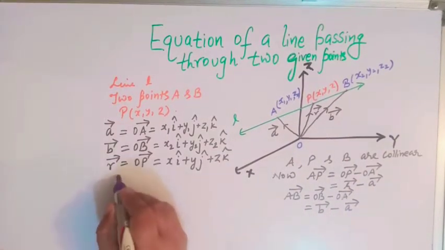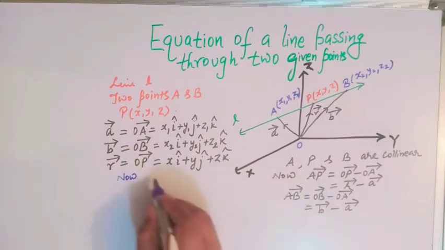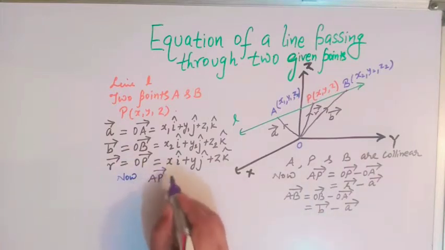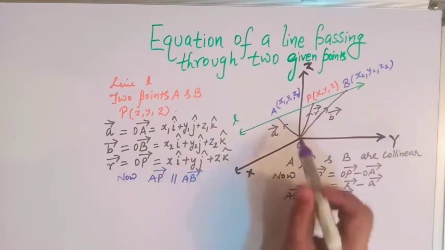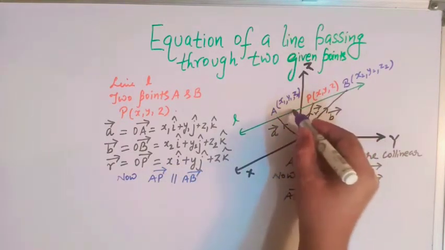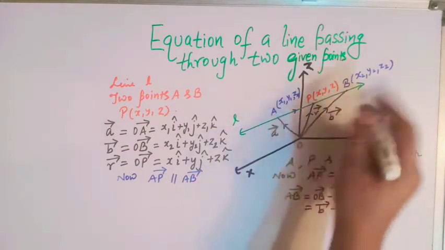Now the vectors AP and AB are parallel, right? This vector AP is parallel to vector AB.